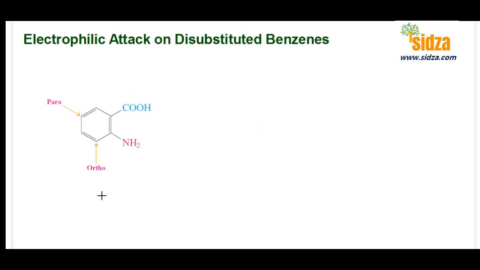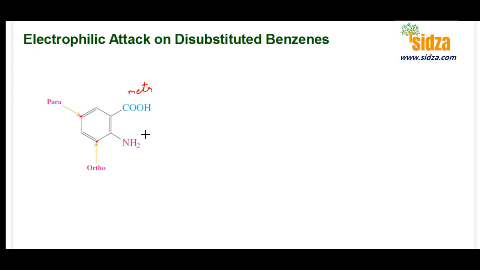So let's take one more example over here. We have a COOH group, which is an electron withdrawing group, which means that it is a meta directing group, right? And the meta positions with respect to the COOH group are this one and this one, right?